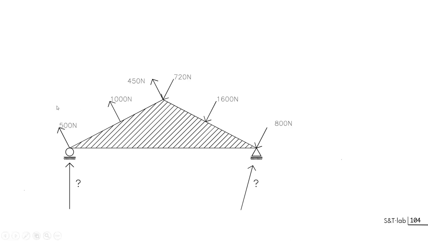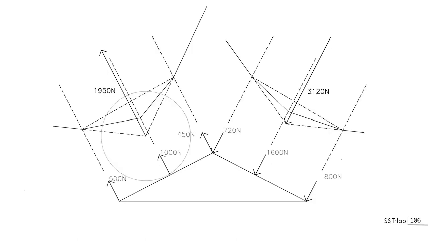The only thing you know is that due to the type of support you choose here, you will have a vertical reaction. And so all the horizontal reaction will be sustained by the support at the right of the screen. So for having the resultant force, you will need to use a funicular polygon that I will introduce later on. So I won't be detailing this.